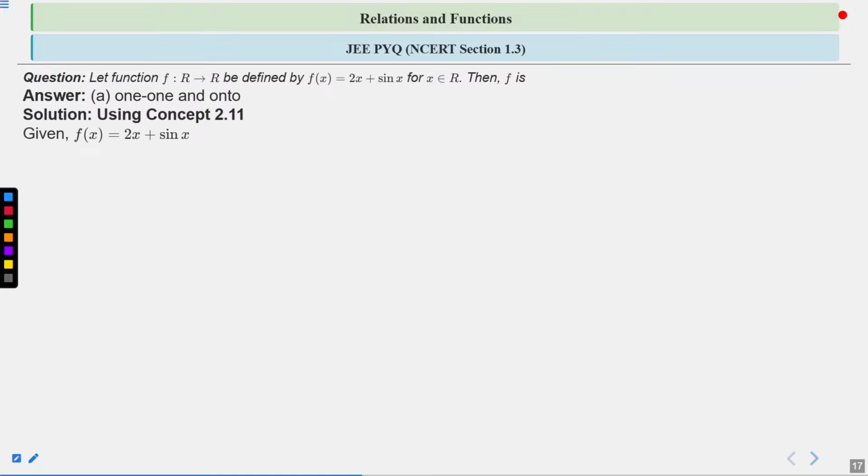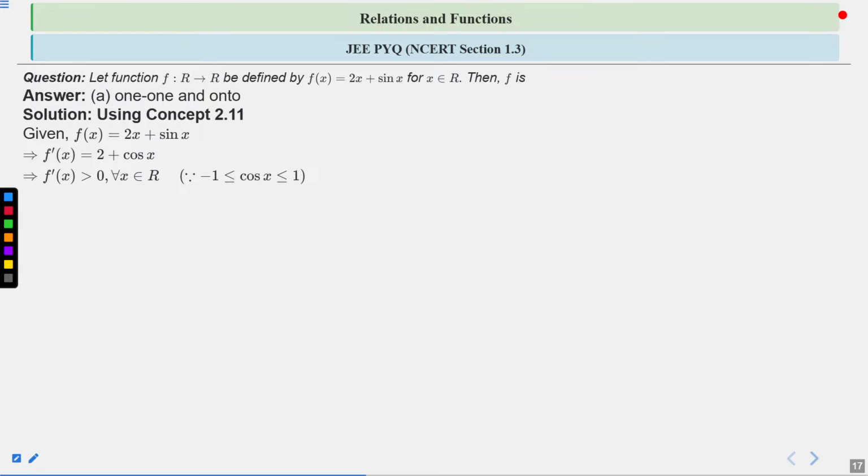Given f(x) is equal to 2x plus sin x, right? So f'(x) we can write as 2 plus cos x.